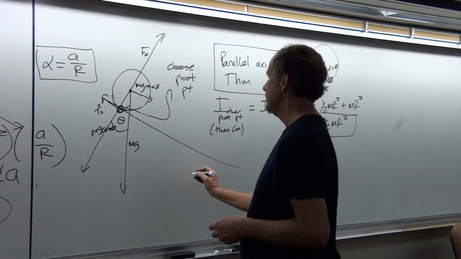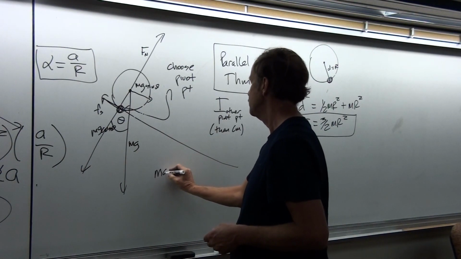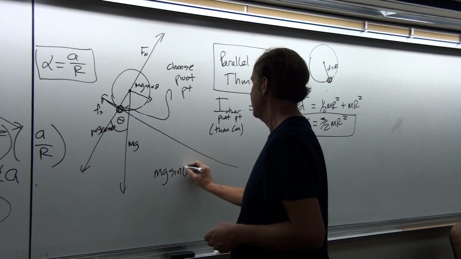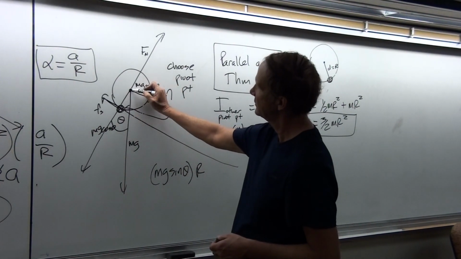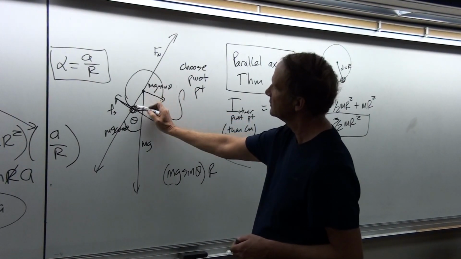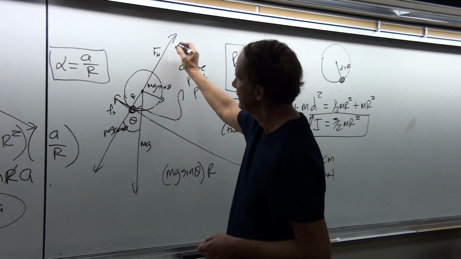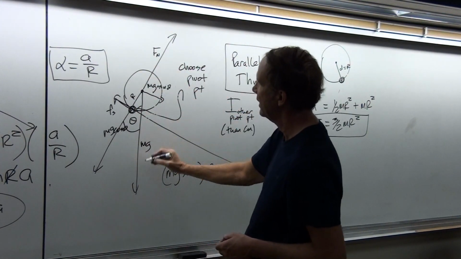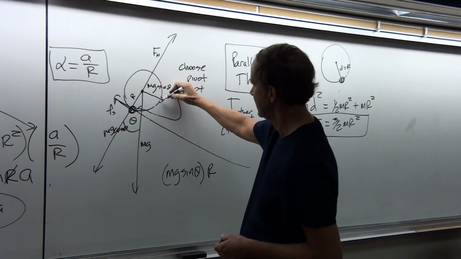And so what we end up with here then is torque, that's mg sine theta, multiplied by r. Okay, so here's our radius vector from the mg sine theta. That's the only part of the force that doesn't intersect, remember, with the pivot point, where the extrapolation of that component, mg cosine theta does, but not the sine theta component.